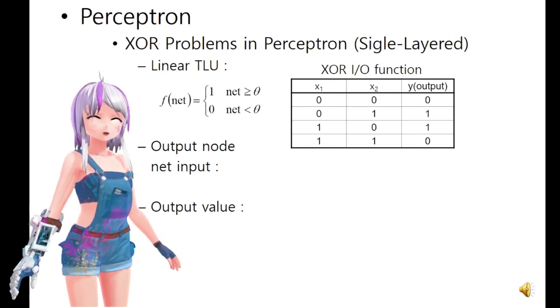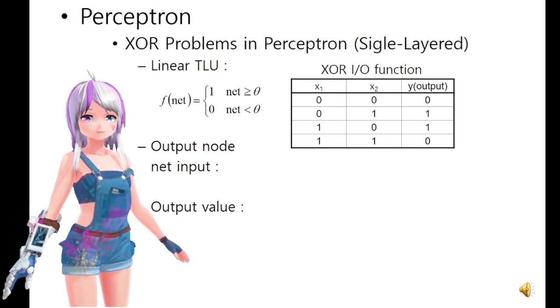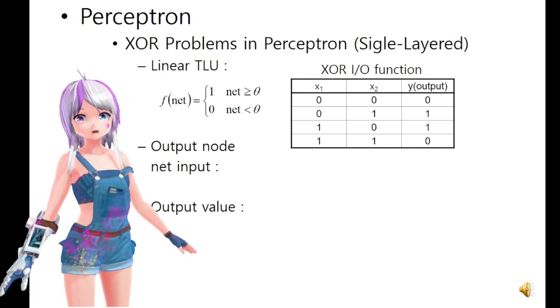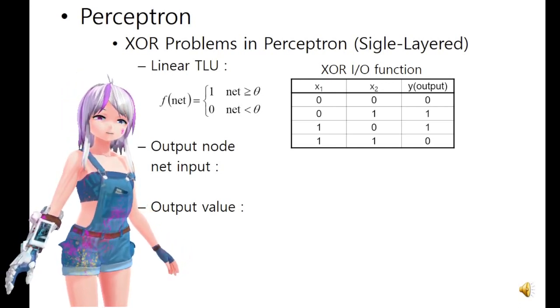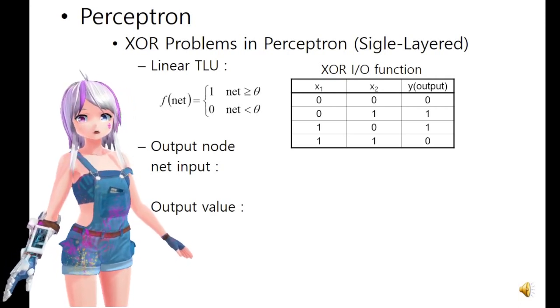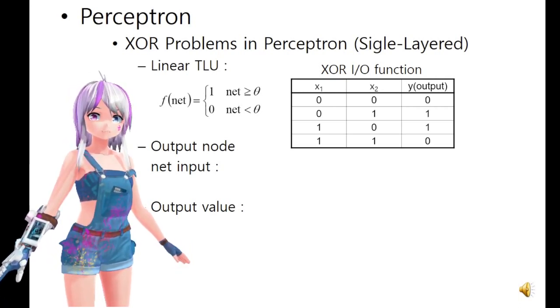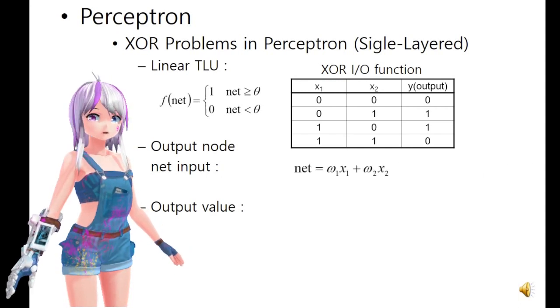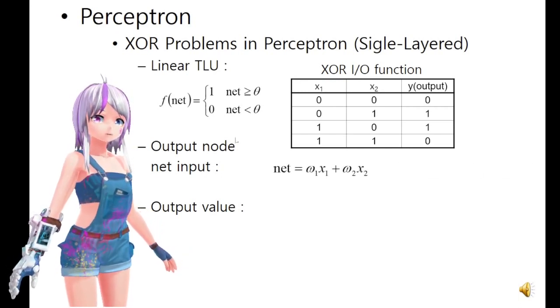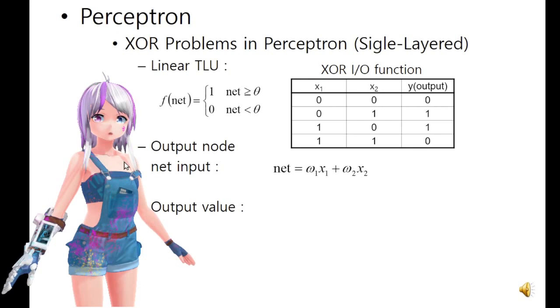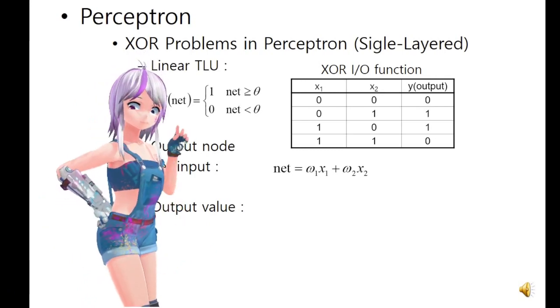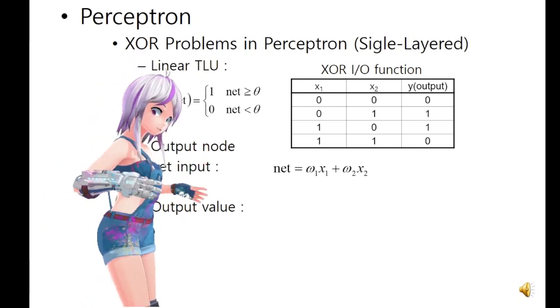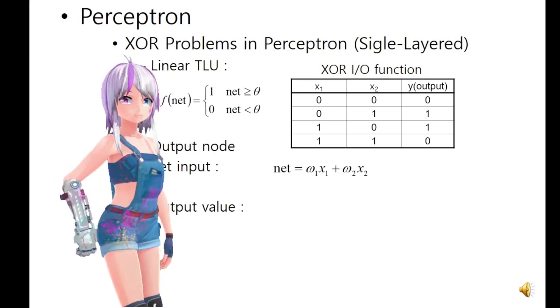After applying the activation function f, if the net value is greater than or equal to theta, then the output is 1. If the net value is less than theta, it will be 0. The net value is w1x1 plus w2x2, which is just the inner product between the boldface w and boldface x vectors.